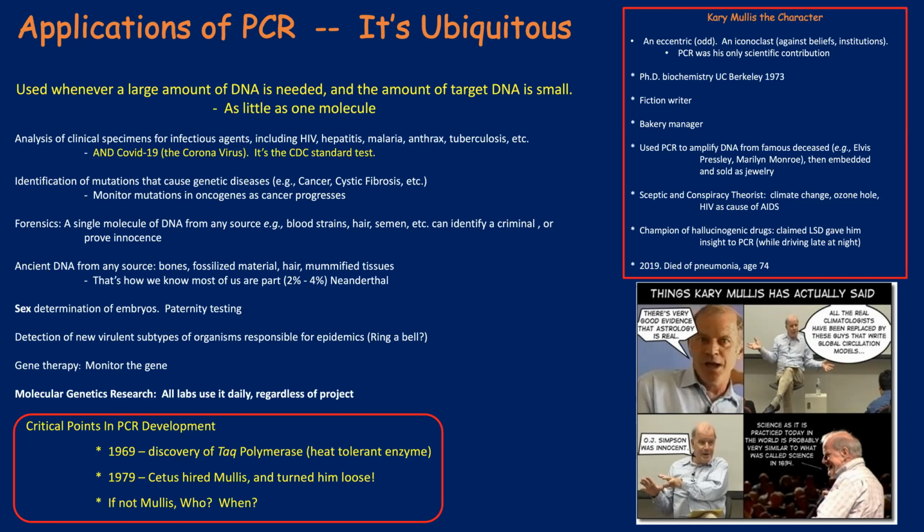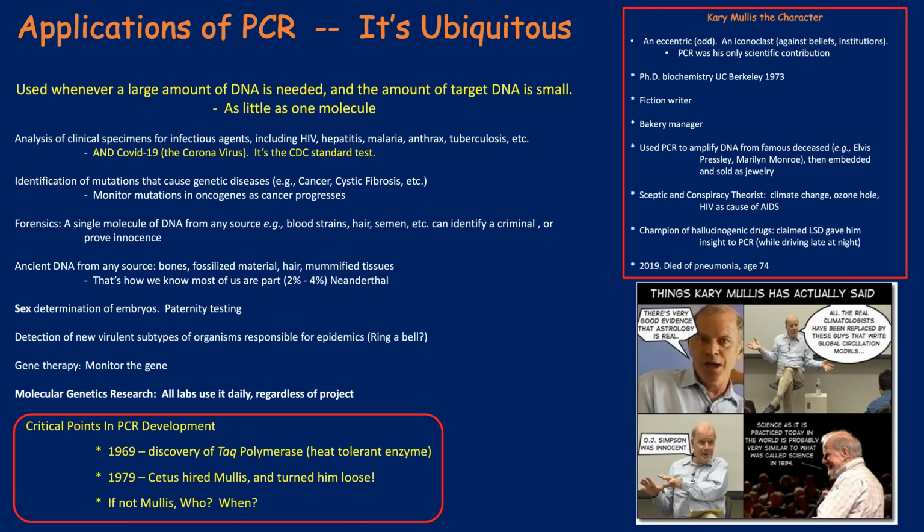You can use it to identify mutations. And you already heard about forensics. As little as a single molecule from a crime scene can be amplified, and it can be proven who that came from.